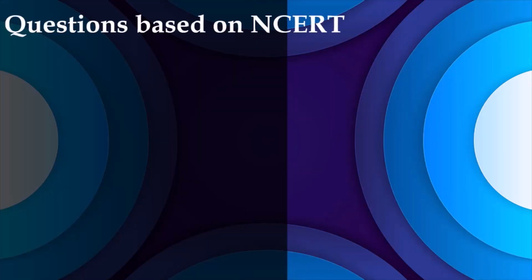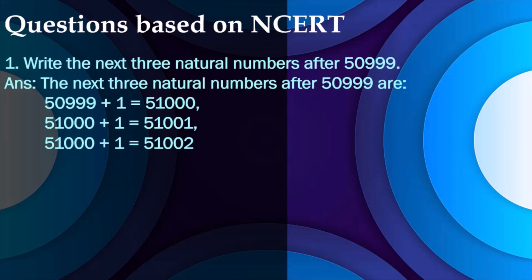Let us see some questions based on NCERT. The first question is, write the next three natural numbers after 50,999. So we have to find the numbers which come after. That means the numbers we need to find are successors of the given number.